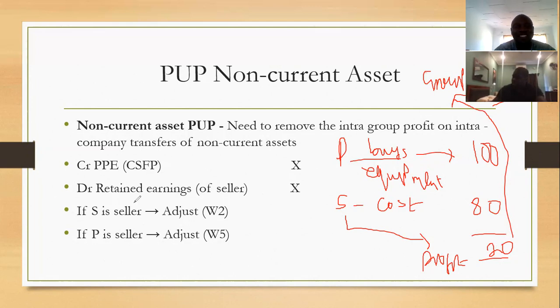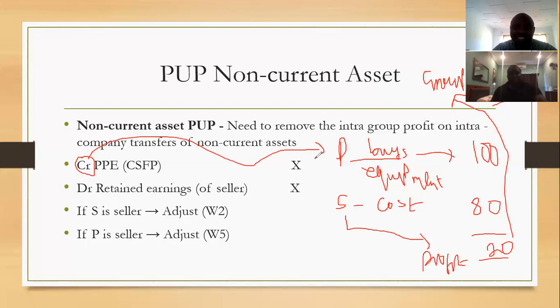So we are going to credit the property, plant, and equipment. That is what we are doing in the statement of financial position. But even when we are crediting this, all we are doing is to credit whoever has bought, in this case P, the parent company. So we are going to adjust that by reducing the property, plant, and equipment by 20 million kwacha.